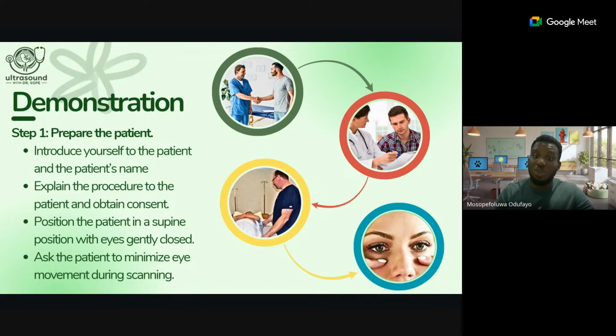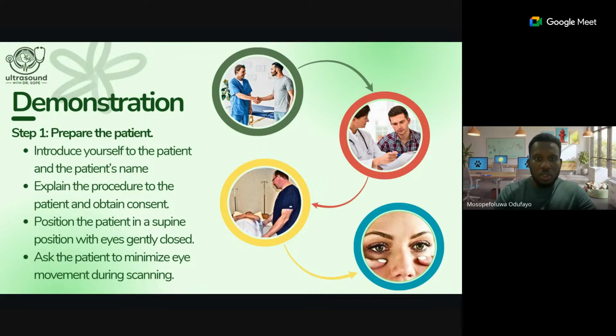It is only you that knows what you want to do. The clients might not know what to expect from the investigation, so do not assume for them. Let them know, like you can see in this red circle, the doctor explaining to them what they're going to do.